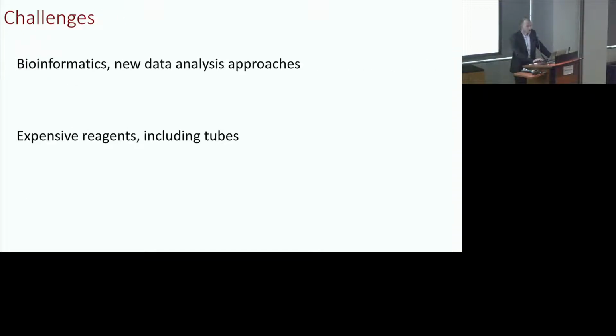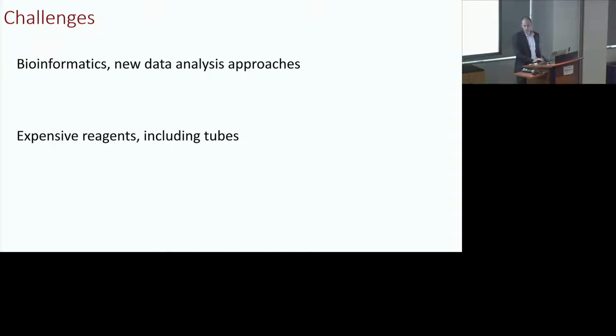There were a few challenges that were brought up. We had a group of very positive thinkers, so we've largely talked about opportunities. One of the challenges that came up is bioinformatics, often complex. Often new data analysis approaches are needed, and there's not enough interaction between different groups that work on these concepts to share principles. And it can be expensive, including reagents.